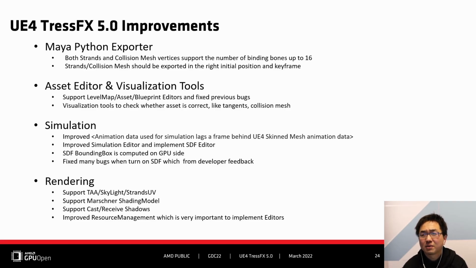And we have implemented different types of editors and visualization tools. We have fixed previous simulation limitations and improved the SDF feature. For the rendering part, we now support many features, and what's more important is that the resource management is more reasonable.